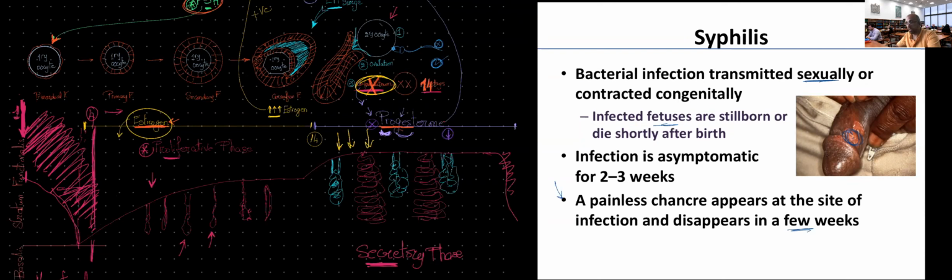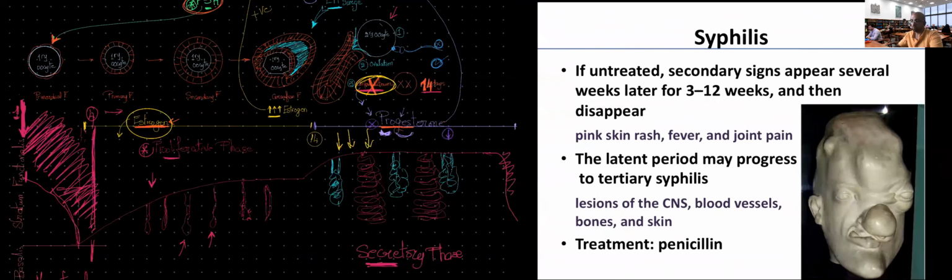So this primary syphilis can progress into secondary syphilis. And this is another problem, that the secondary syphilis doesn't have any major characteristic symptoms. So it is going to be showing pink skin rash, fever, joint pain, as if you've got a cold or flu.